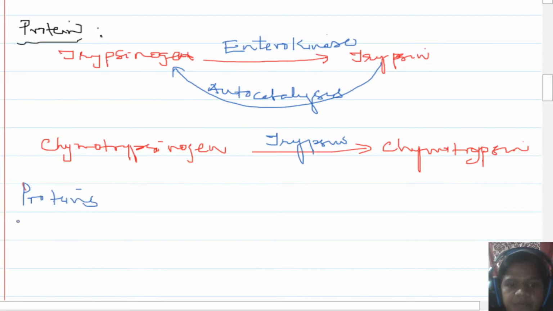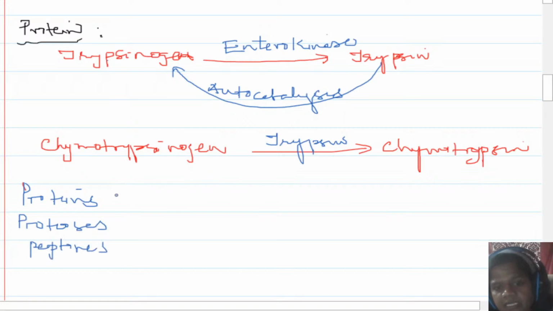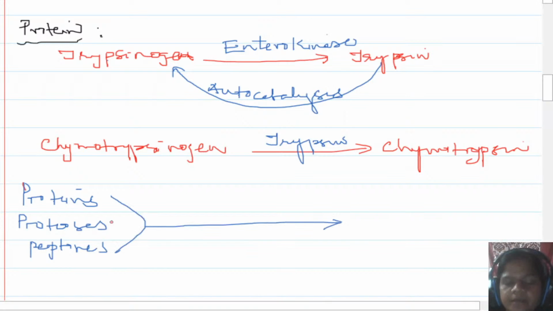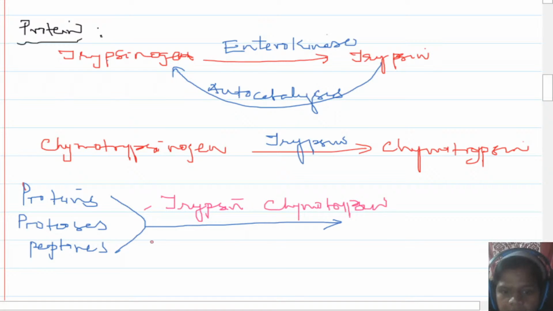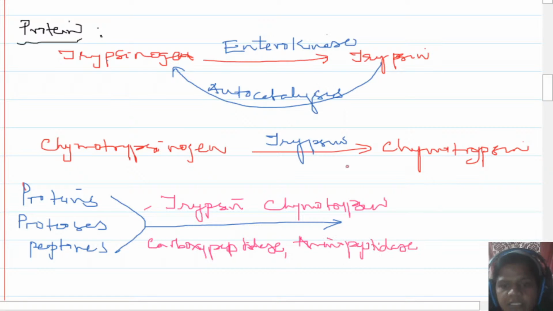the partly digested proteins, which are proteoses and peptones. Remember from the stomach? These are acted upon by trypsin, chymotrypsin, carboxypeptidases from succus entericus, aminopeptidases, intestinal juices.